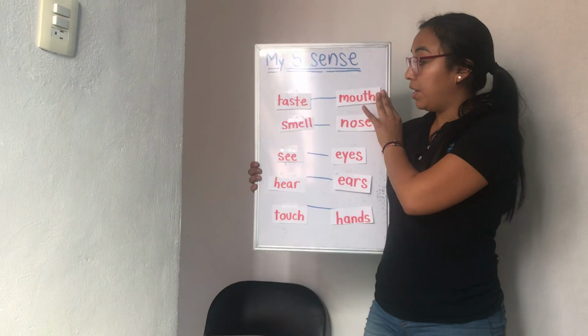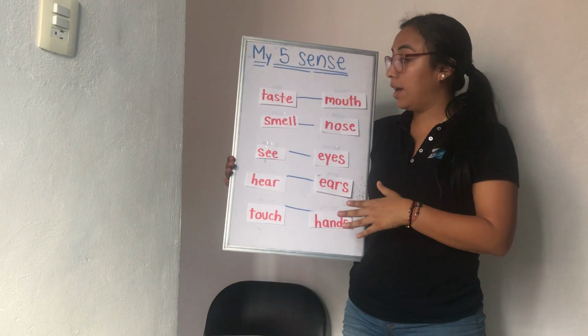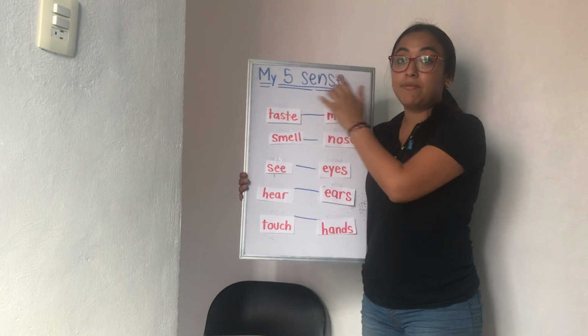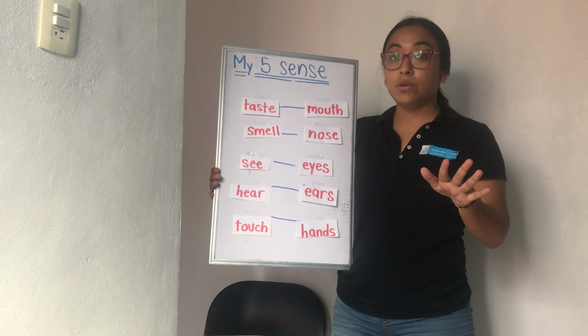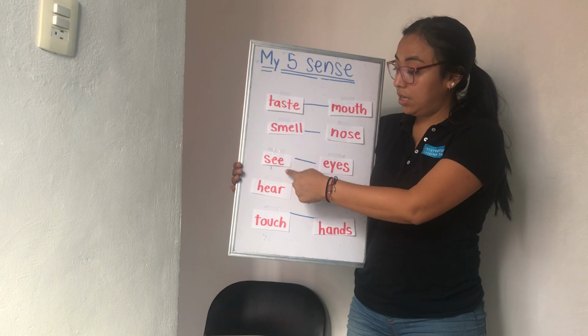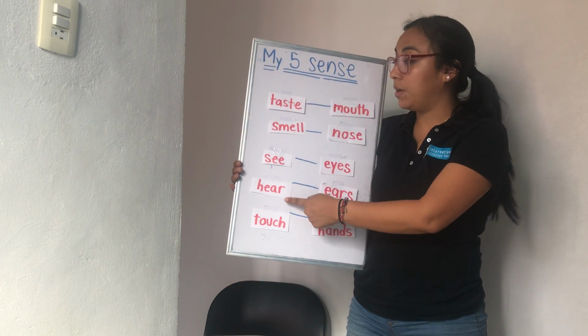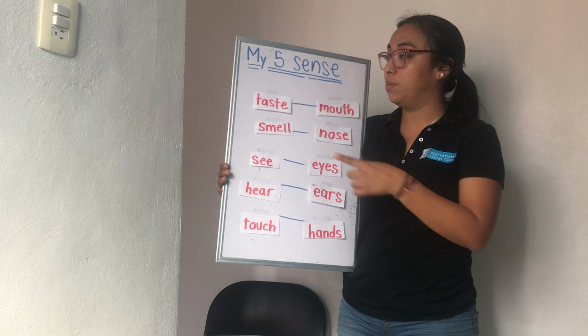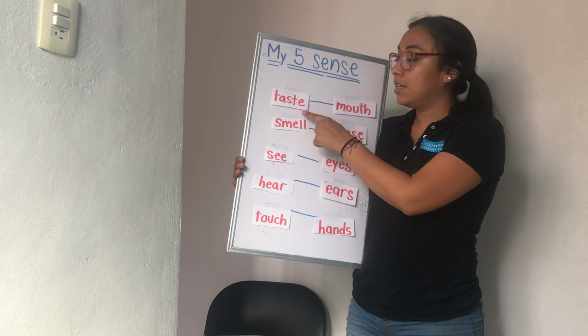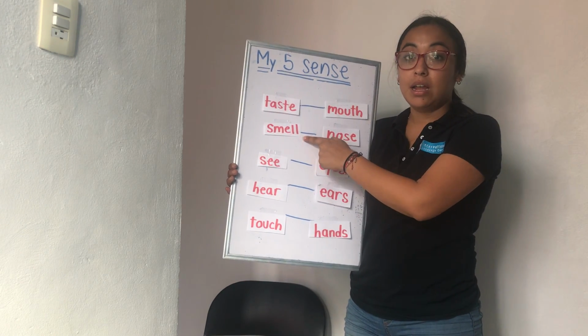Okay, so I have here these, tengo el pizarrón acá, and here we can see my 5 senses. Tenemos acá los 5 sentidos. As you can remember, we learned these words. Como pueden recordar, aprendimos estas palabras acerca de los 5 sentidos. So you can repeat after me, okay? Taste, smell.